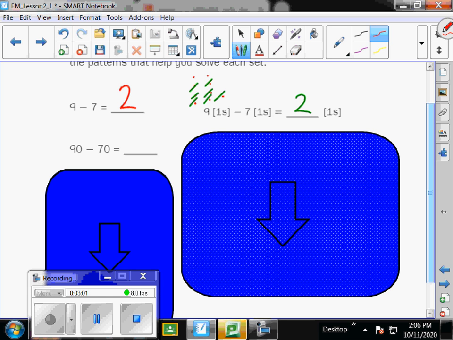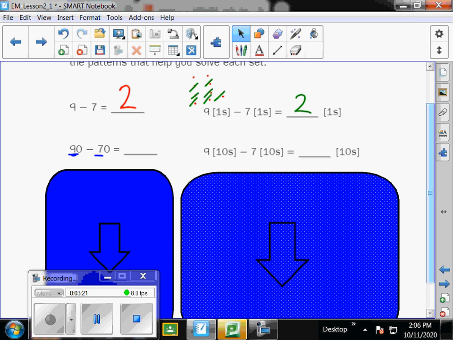But let's look at the next problem. When I gave you 90 minus 70, what do you notice? You still have a 9 and a 7, don't you? But how is this number different? Well, 90 would be 9 tens, and 70 would be 7 tens. So now you have pretty much the same problem, except now you have 9 tens minus 7 tens. So instead of having a bunch of ones, now I have tens. 10, 20, 30, 40, 50, 60, 70, 80, 90.